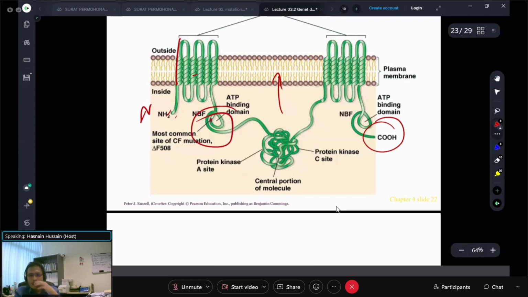So this is the most common site of the cystic fibrosis mutation, which is a deletion. The delta is a deletion of phenylalanine at amino acid number 508 of the entire transmembrane regulator protein.